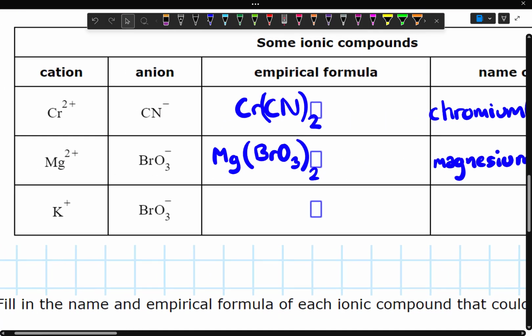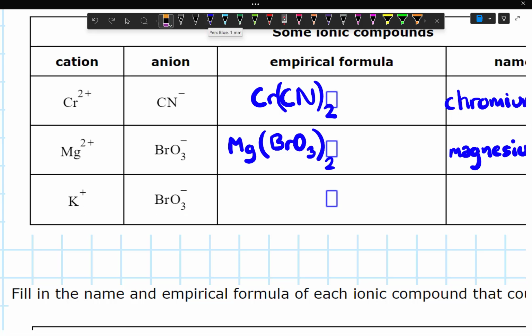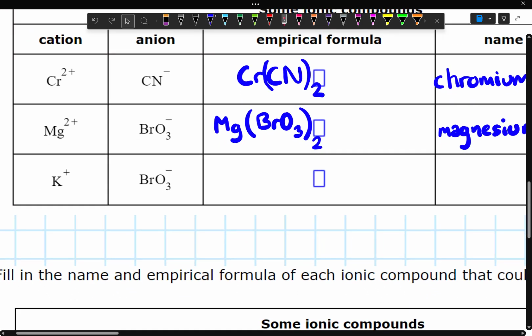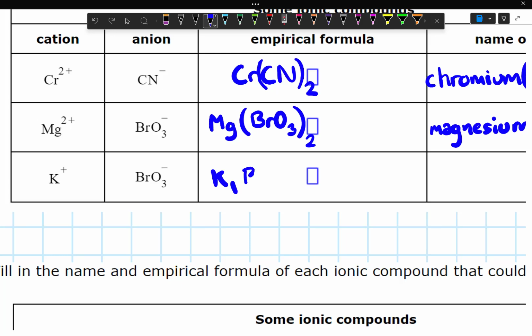So next up, we have potassium bromate. And in this case, it's a little easier because we bring down this charge of 1 and we bring down this charge of 1, and they're the same. So we don't have to write any numbers in this case because we don't specify. Remember, we don't say K1 BrO.